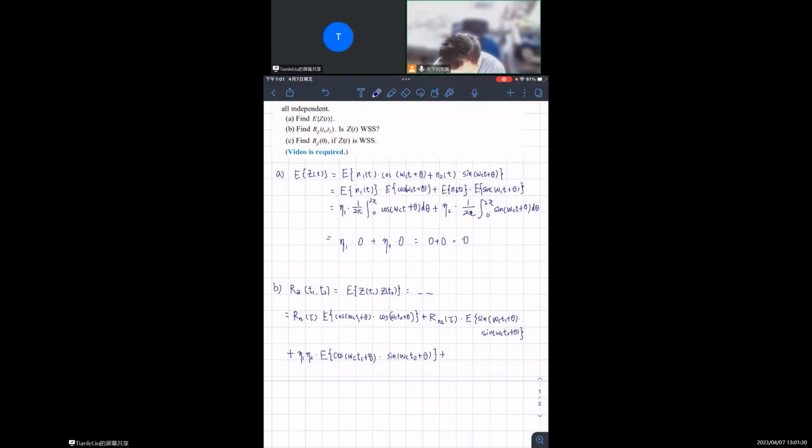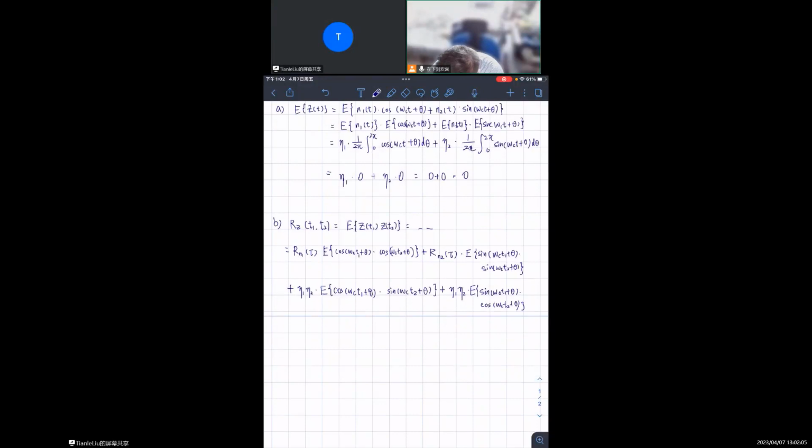And we also have the other sine-cosine term, which is sine(omega_c t1 plus theta) multiplied by cosine(omega_c t2 plus theta). I think that's it for the normal form of the problem.